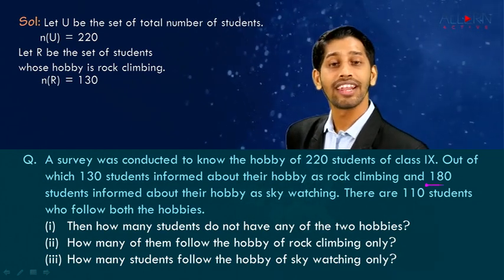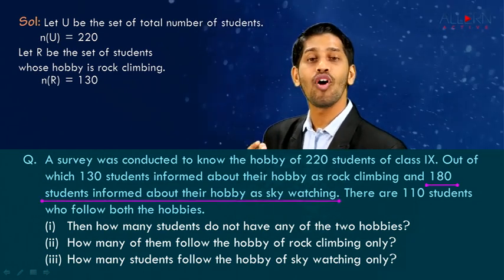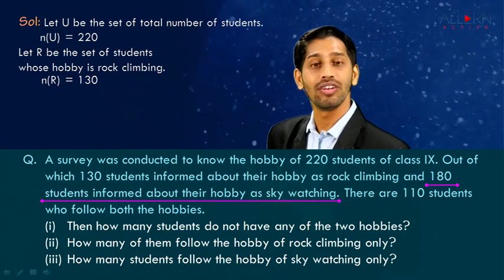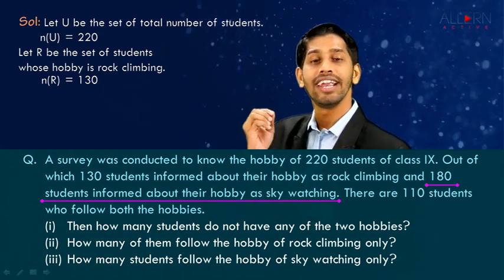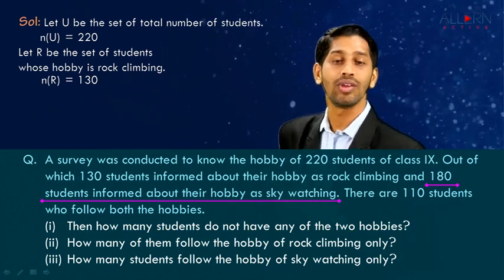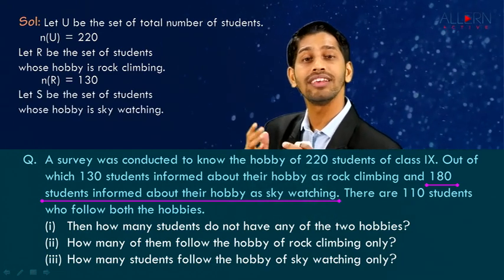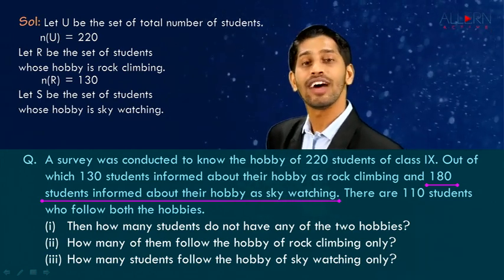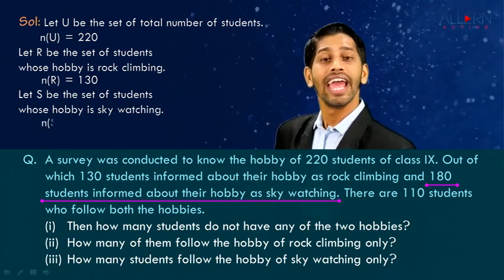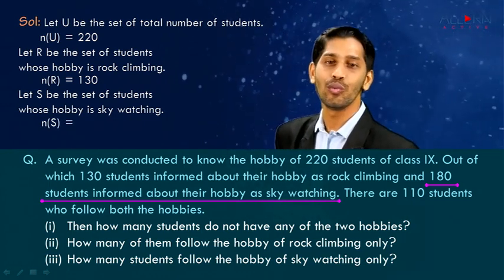Further it says that 180 students informed about their hobby as sky watching. So again for sky watching, we are going to assign a letter, let's say the initial letter, which is S. So we write a statement, let S be the set of students whose hobby is sky watching, and since there are 180 students, we write n of S is equal to 180.